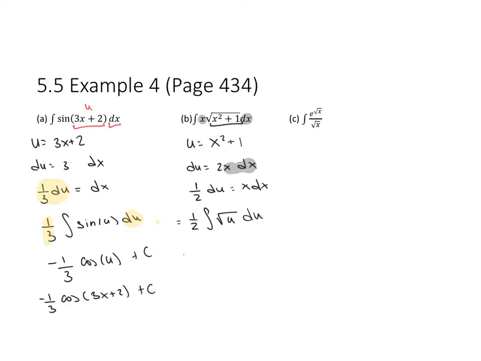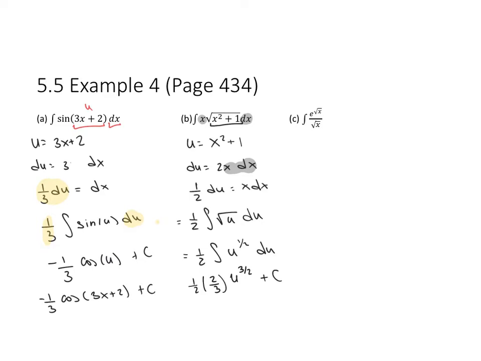And we'll rewrite that with an exponent. That's u to the 1/2 du. And now I add 1 to my exponent, so 1/2 plus 1 is 3/2. So that's u to the 3/2. The 1/2 is still here, and then I multiply by the reciprocal, 2/3, plus c.